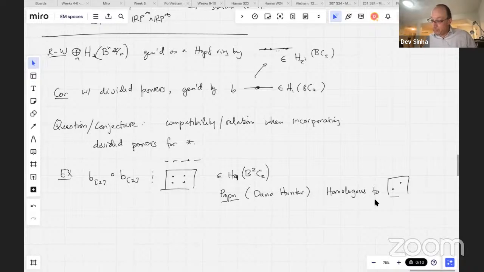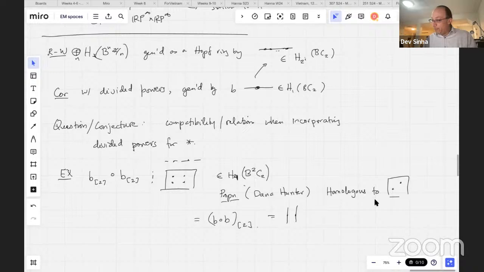So anyways, again, this would be this class. So in symbols, that's just B circ B divided power 2. Okay, that's what this class is up here as a tree.